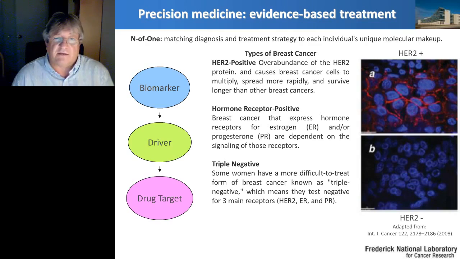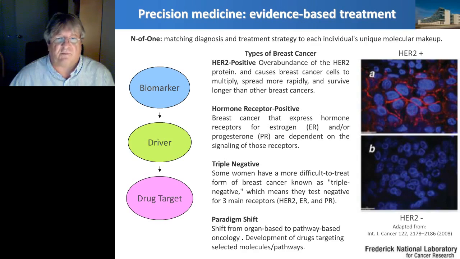Once we know that the cancer is HER2 positive, we can treat it with Herceptin, or if it is ER positive, with estrogen receptor blockade, or the triple negative cancer, which is unfortunately the most difficult to treat. But basically, if we can follow this scenario for any other cancers, we would be much better off, and the patients definitely would be much better off in that respect.